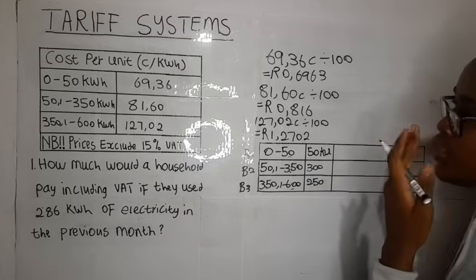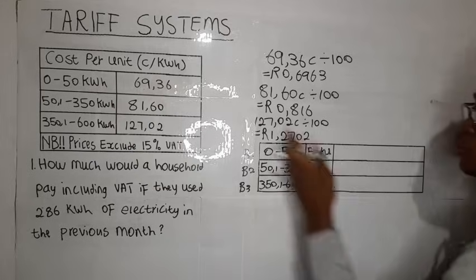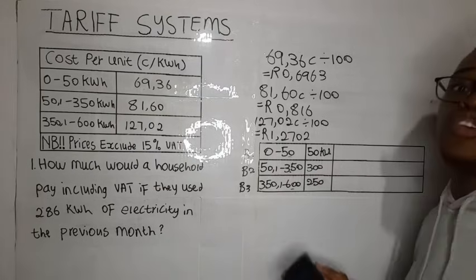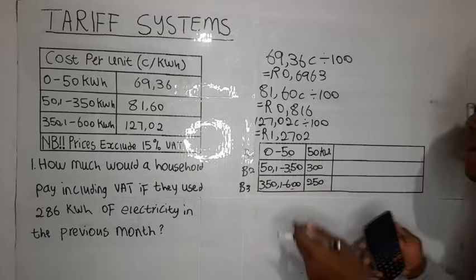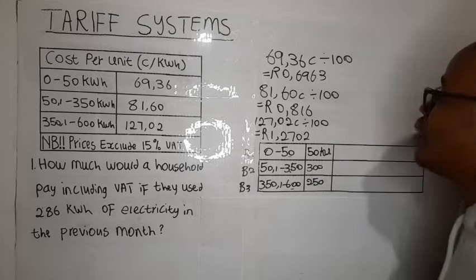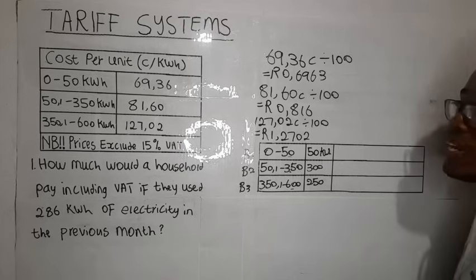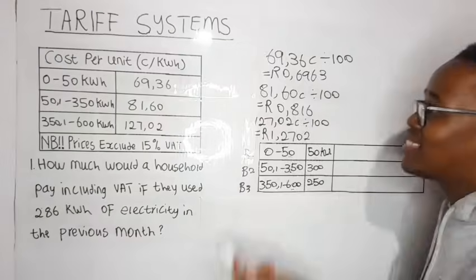So you have written the interval, you have written the amount of kilowatts, and now you are writing the price on this block and multiplying it by the number of kilowatts on the block, right? So we take the first amount, which is this amount. Remember, we converted it into rands here.